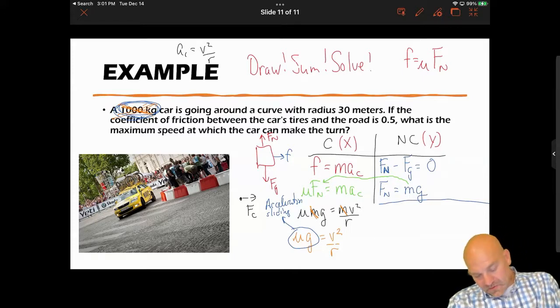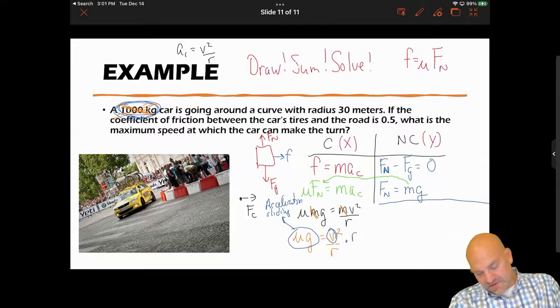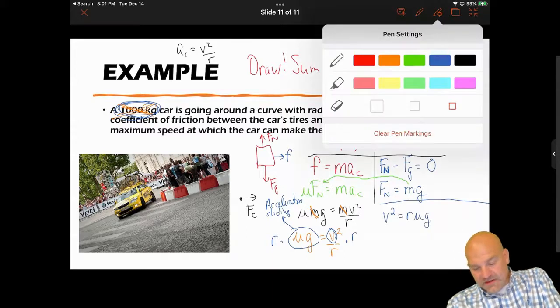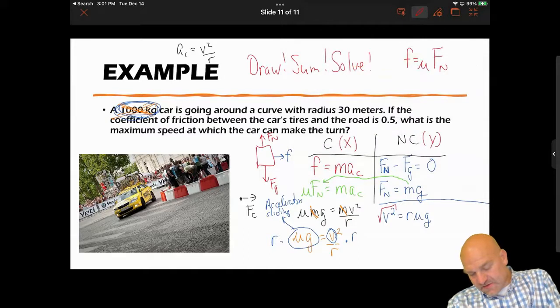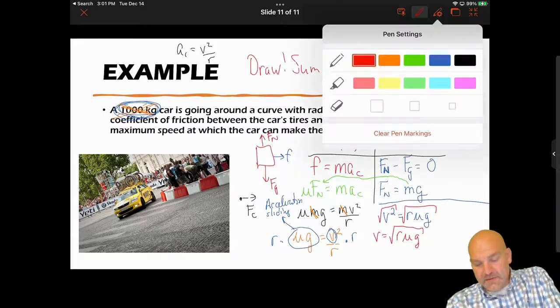Okay, so now we get to a point where we can solve for v. The first step, I'm going to multiply both sides by r. So I know v squared equals r mu g. And then my last step to get v by itself is to take the square root. v equals the square root of r mu g. And now I can plug in, right?